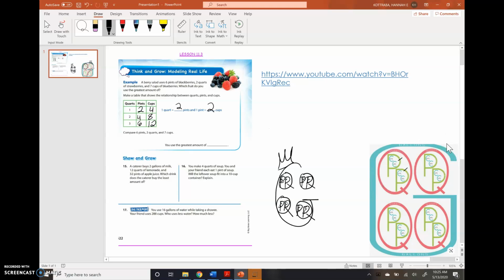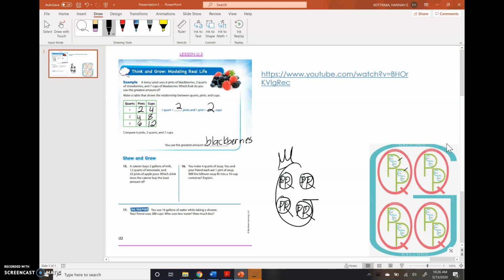So you used the greatest amount of what? You can easily see I used the greatest amount of blackberries, because you have converted everything, and now you can see which one is the most.